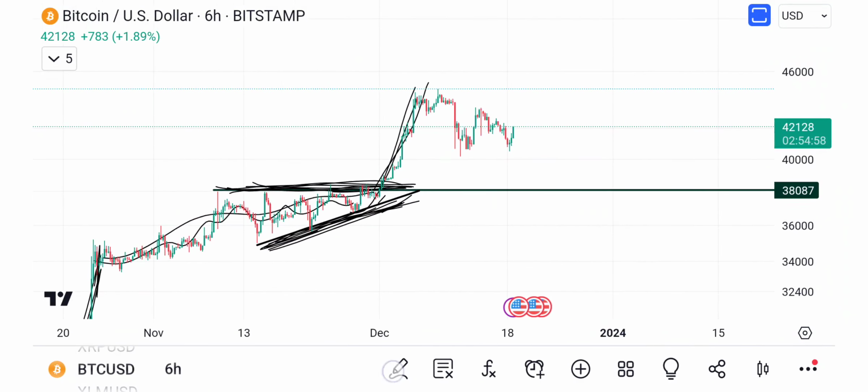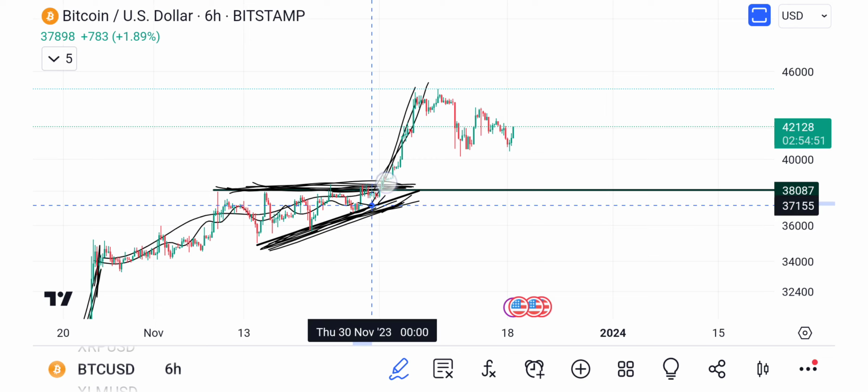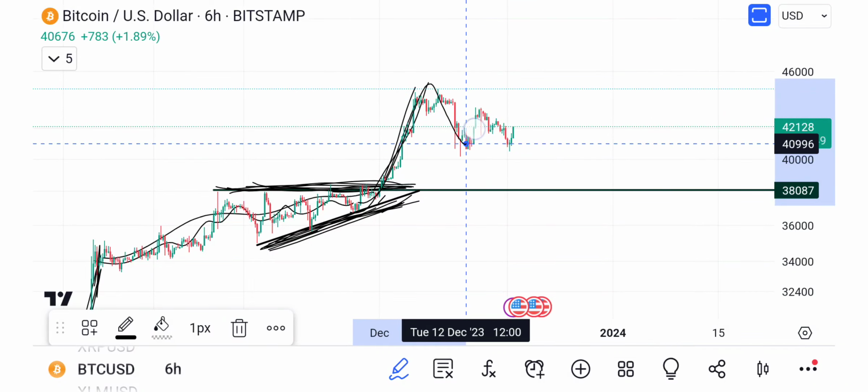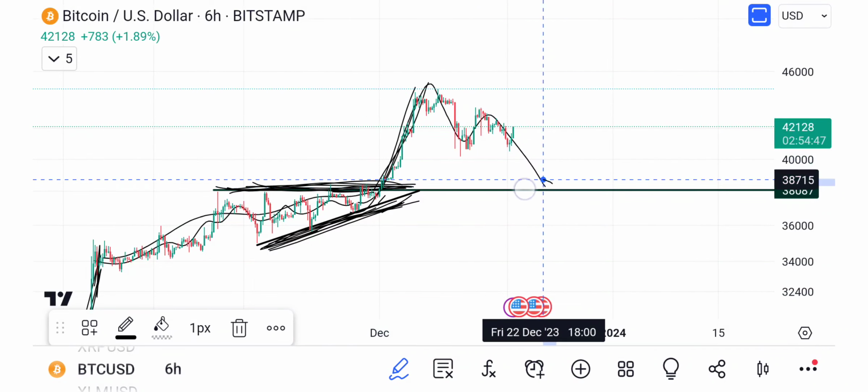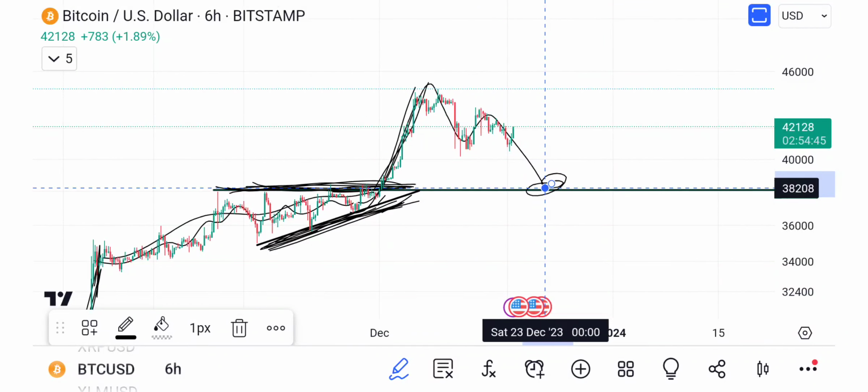So what is this correction? Well, before we talk about that, let's think about where this thing can go. And oftentimes when you break out, you come back down to backtest the breakout zone. It doesn't have to. Nothing has to do anything, right?